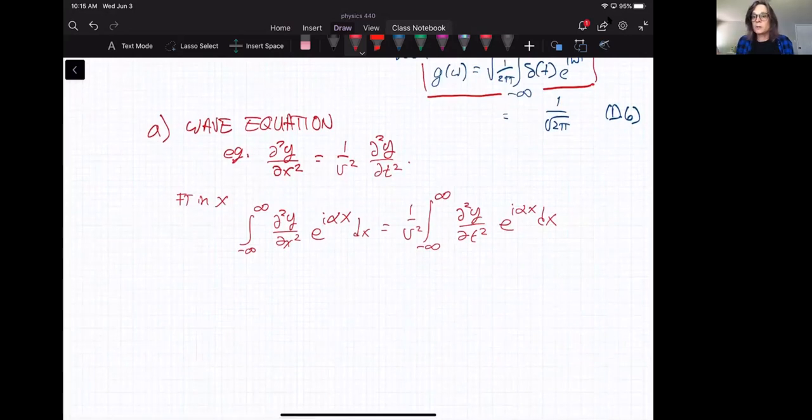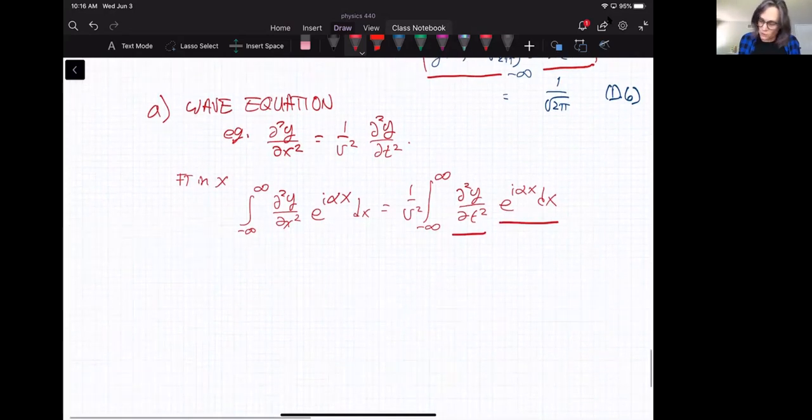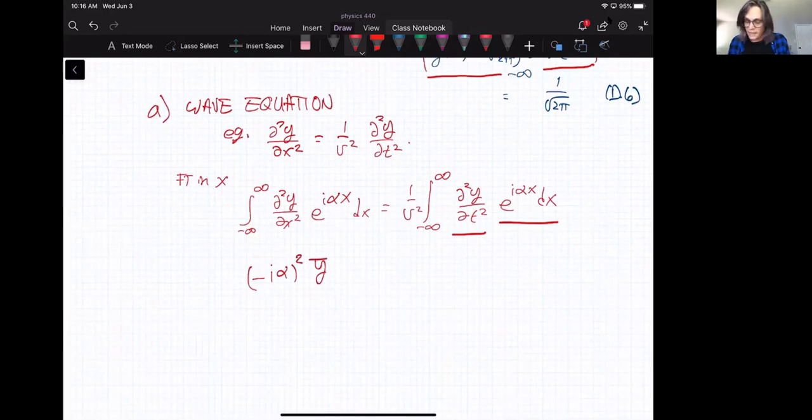All right, immediately I hope you can see why it's important that we recognize the result of d.6, right? Because this can pop out of the integral, and then this is just our delta function. So that means that we have minus I alpha squared, and we'll call that capital Y as our transform, Y of alpha t is equal to 1 over v squared d squared Y dt squared.